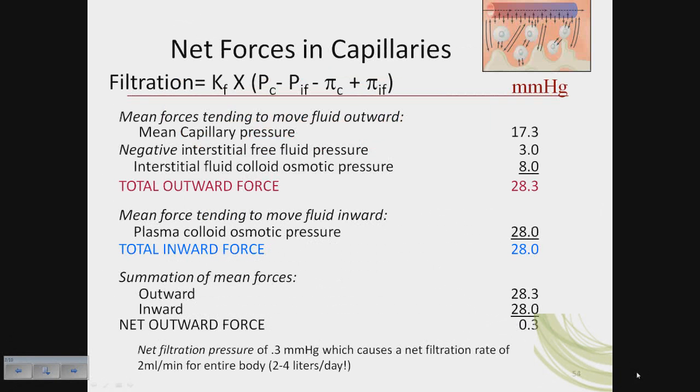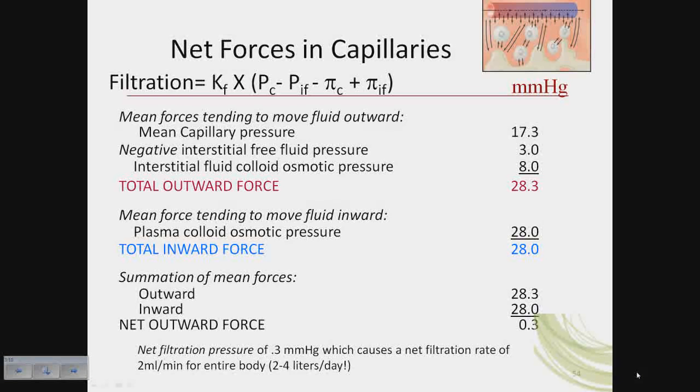If you look at my column for total outward force, shown here in red, you will see that I've added together the 17.3 for the capillary hydrostatic pressure. We saw that in our picture. The 8 for the interstitial fluid osmotic pressure. But then I'm also adding the interstitial hydrostatic pressure, 3 millimeters of mercury, because subtracting a negative value makes it a positive value.